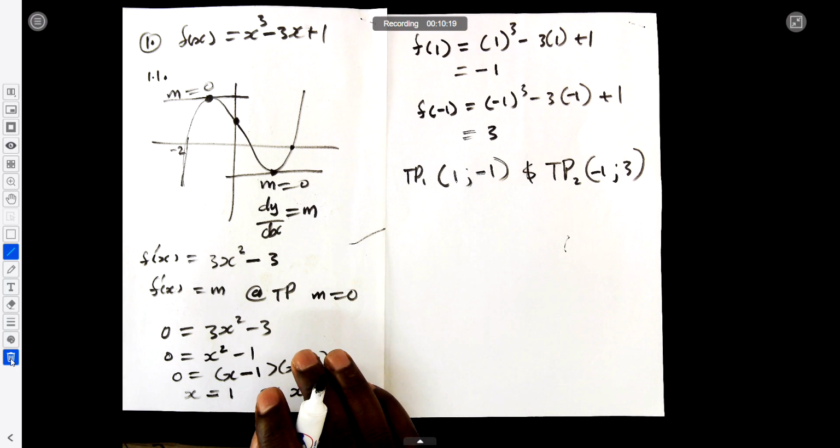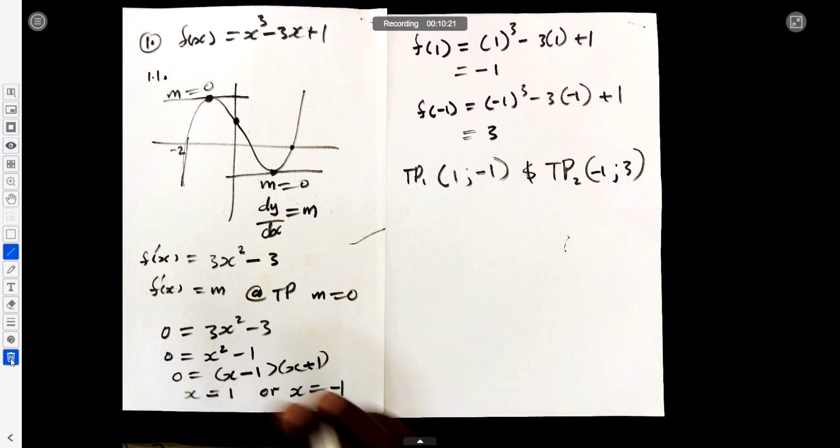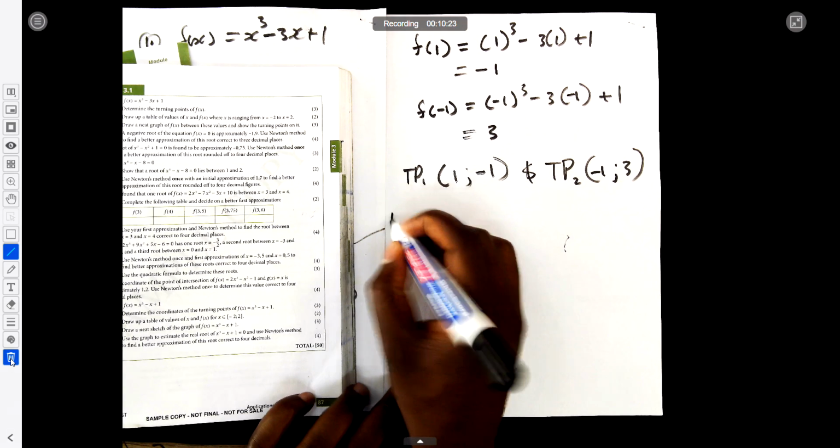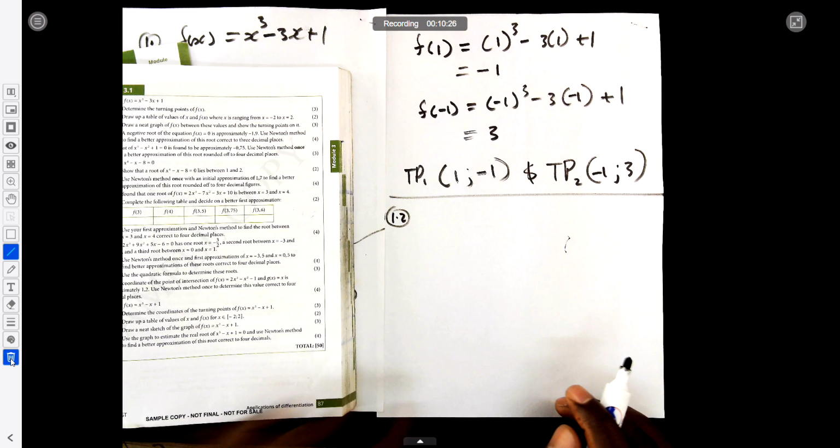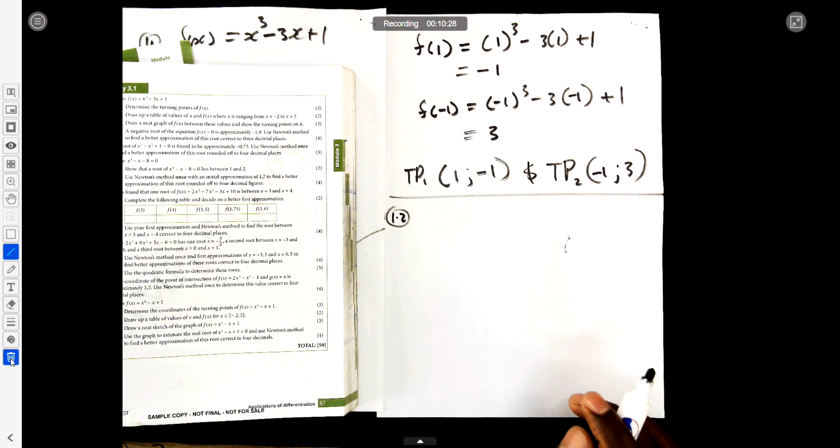So we are asked number 2 there, 1.2. We are asked to draw up a table of values of x and f of x, ranging from x equals minus 2 to x equals 2.